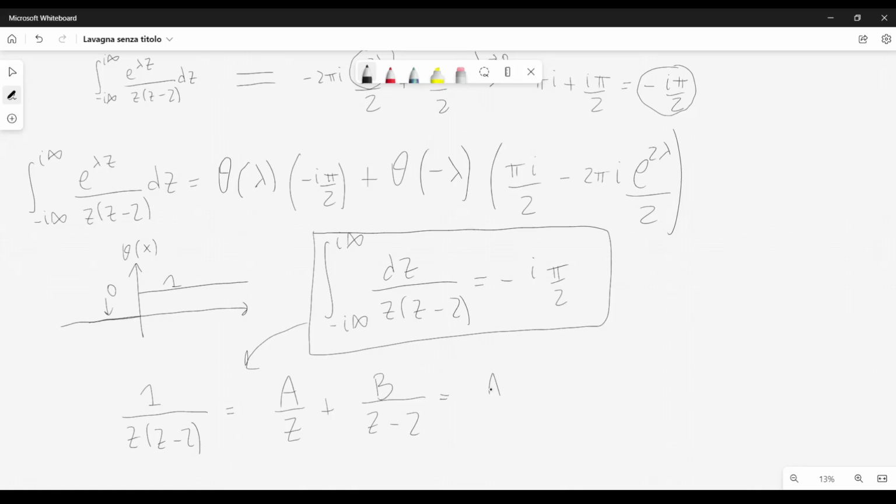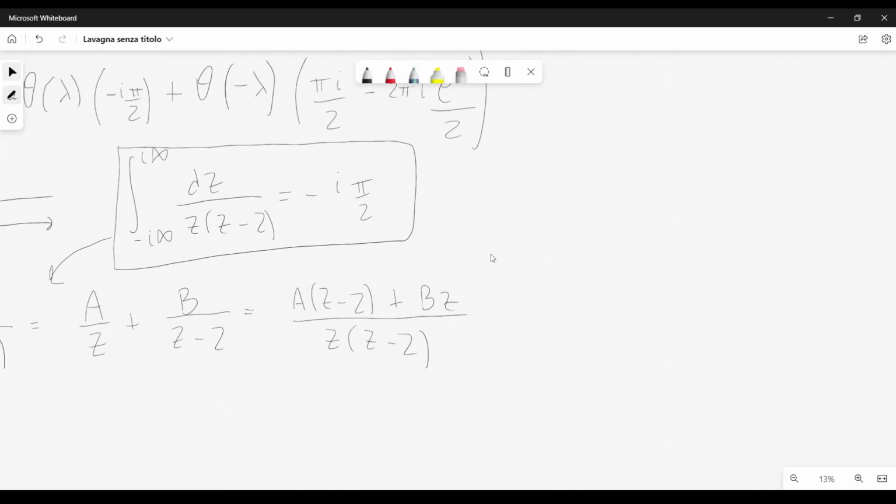We get a times (z minus 2) if we put together these two denominators, plus b times z, and we divide by z times (z minus 2). If we write out the numerator in full form, we get (a plus b) times z minus 2a, divided by z times (z minus 2).